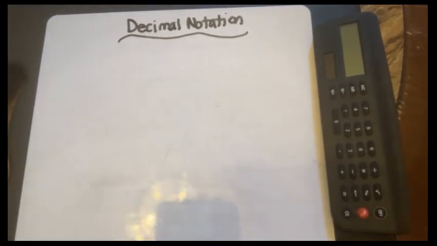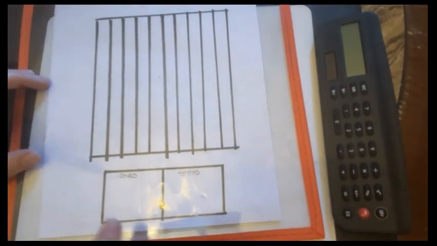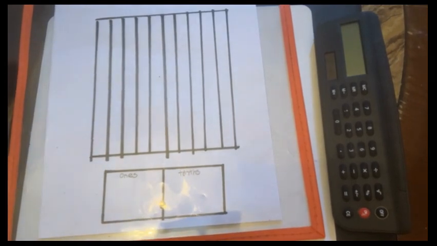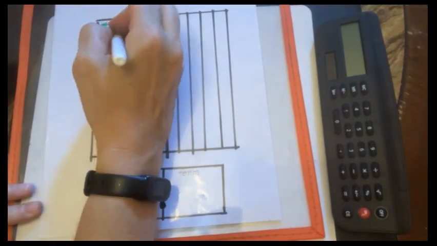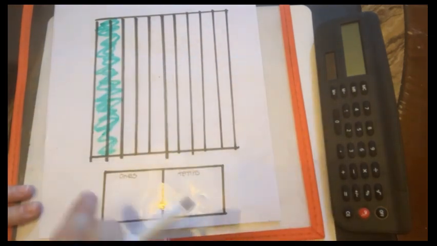Now, we continue on with our mats, our tenths grid, and then we add a place value chart. So if I have in my grid this shaded in, I have no ones all completely shaded in.